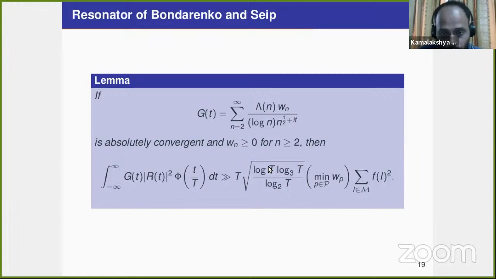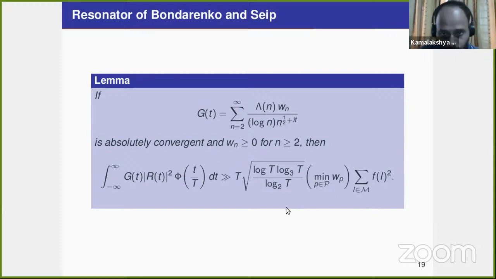The terms under the square root will contribute to the large value of this Dirichlet series, and this t will cancel with the t times the sum of f l squared. That will cancel out with the integration of the resonator, and this w p accounts for this w n. And this will be at most of order double log of t.